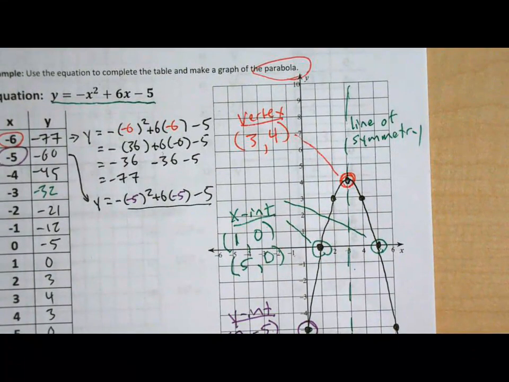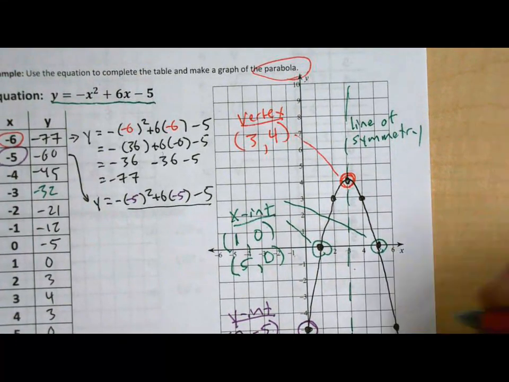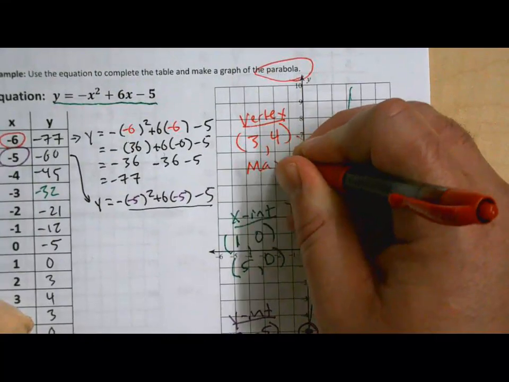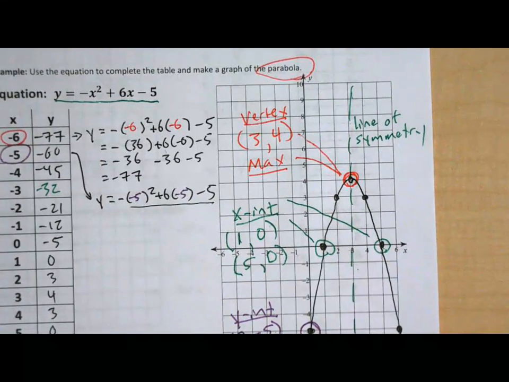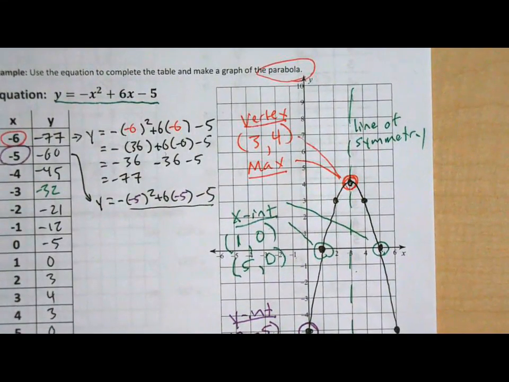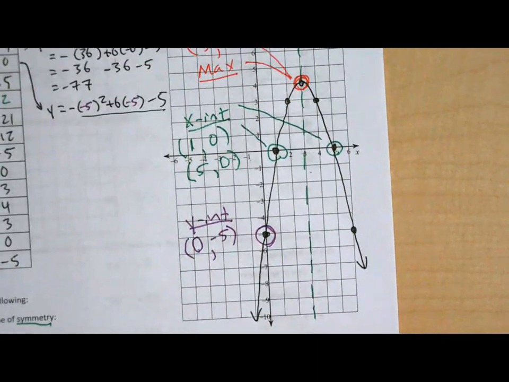Have we already labeled it? We have, yeah. So this point is also the max. I'm just going to write max here. And I'm not going to write the coordinates again because it's the exact same thing. So we got our vertex, we got our max.